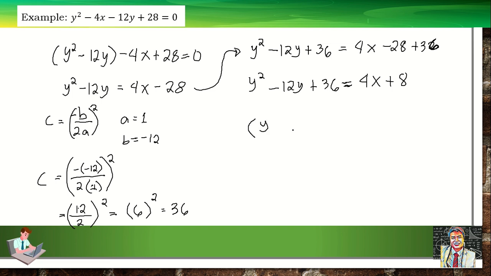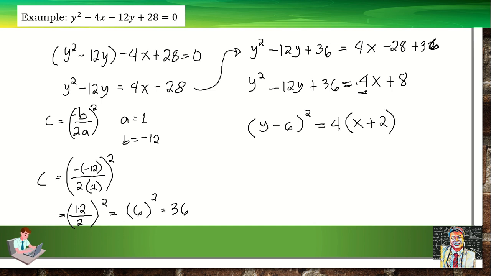Then, square root ng last term, that is 6. And then, sign ng second term, which is negative. So, squared is equal to, extract natin yung common factor, which is 4. So, that will become 4 times x plus 2.